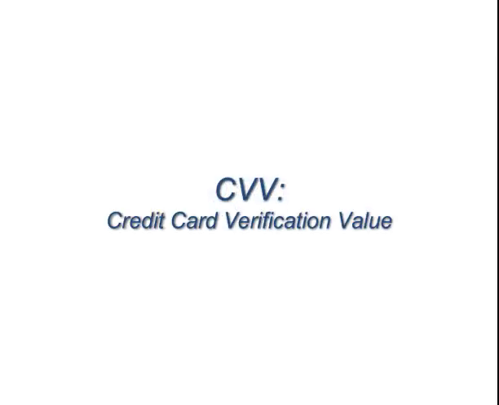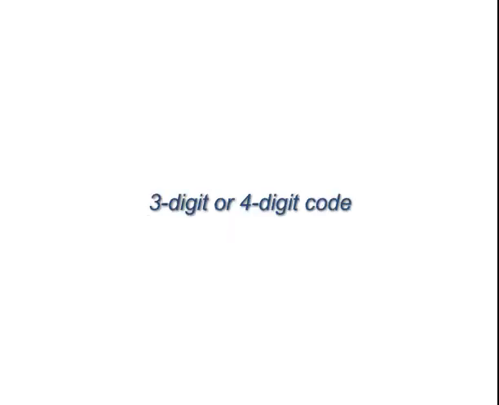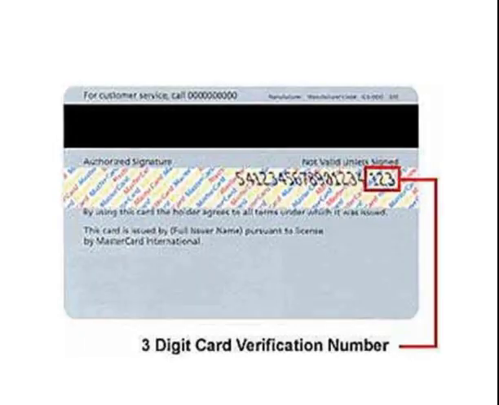CVV refers to Credit Card Verification Value. The Credit Card Verification Value is a security feature for transactions that can be used when a card is not swiped. There is a 3 or 4 digit code printed on the back of the credit card which provides a cryptographic verification of the information embossed on the card. A cardholder can enter the CVV number at the transaction time to verify that the card is on hand.